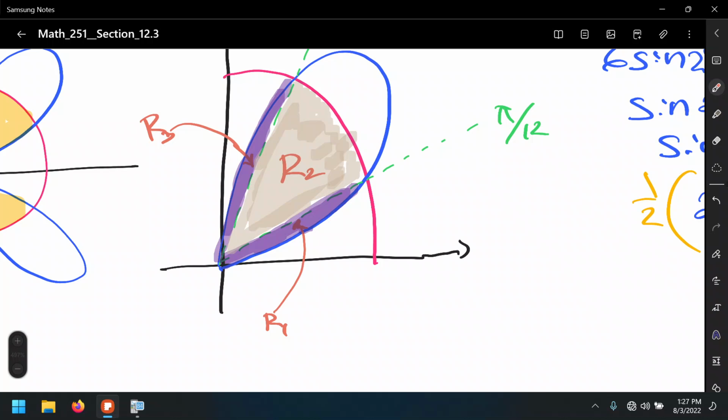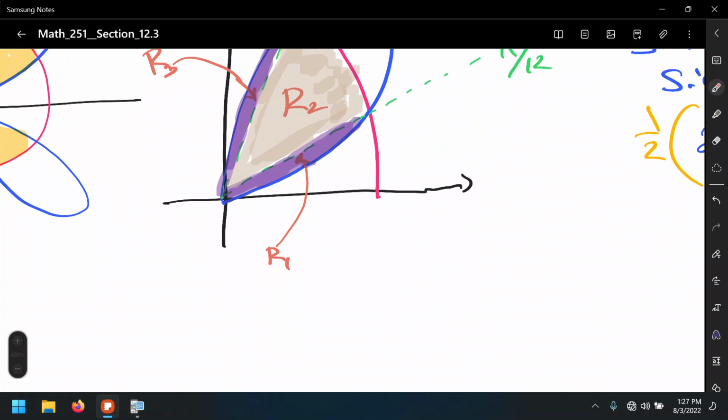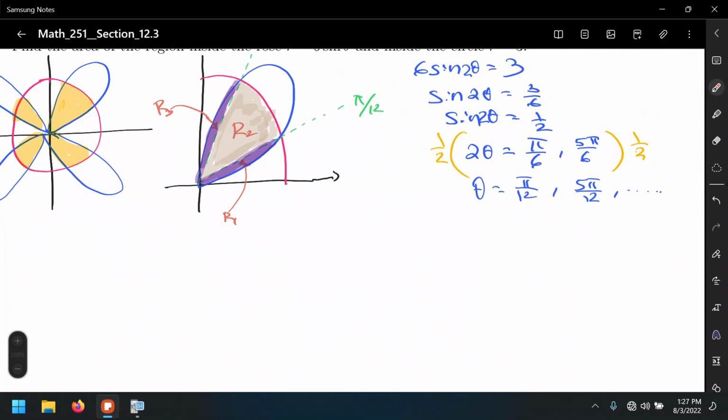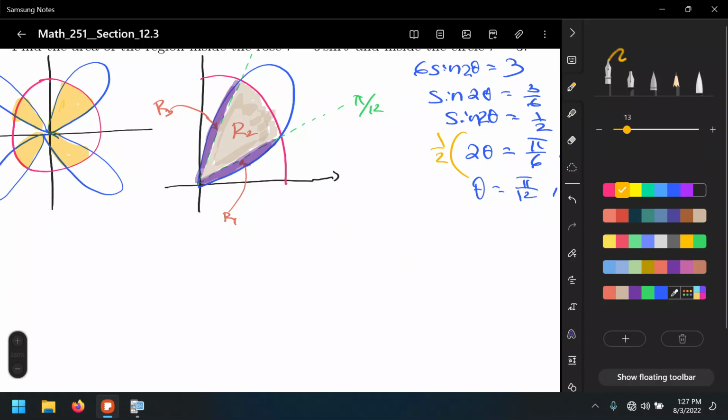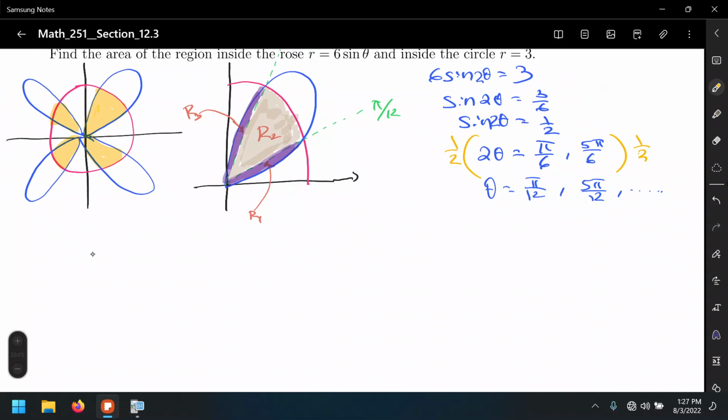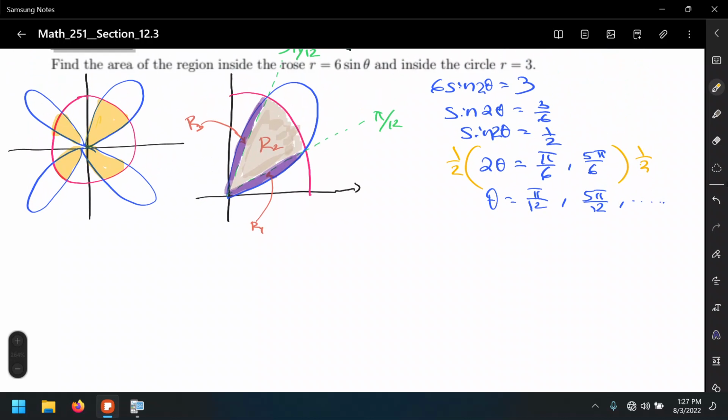So the plan for this integral will be, okay, always start by setting this up as a plan. So, plan.